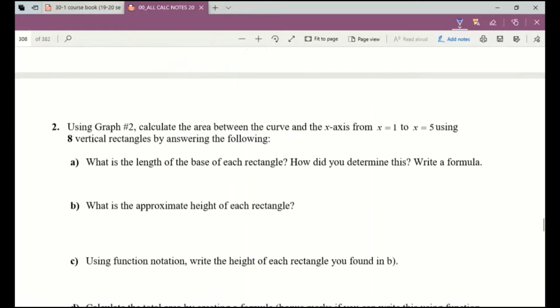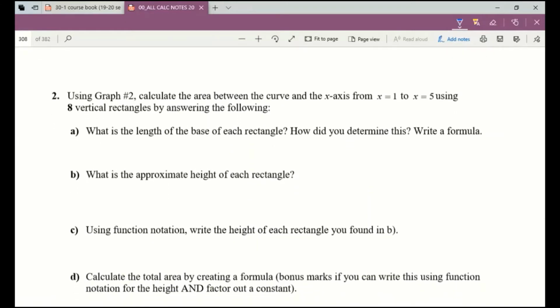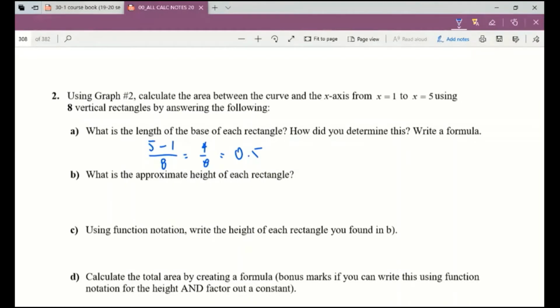So, how wide is each of those rectangles? What's the length of the base of each of those rectangles? Well, it's a half. How could we show that it's a half? We take our right bound, which is 5, minus our left bound, which is 1, and we divide that by 8 rectangles. 0.5 is what we have for width.